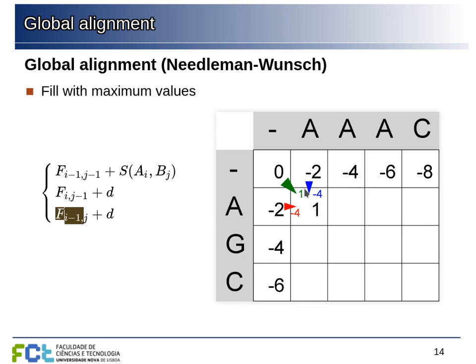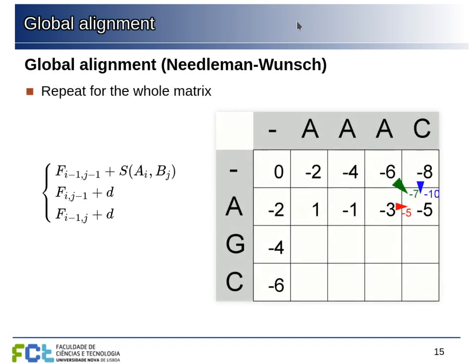These are the best scores from the previous possible alignment. So now we keep doing this, and we repeat this for the whole matrix. And this is the typical example of dynamic programming, because since we follow the right ordering of the subproblems, we always have the information that we need to compute the best optimal solution.